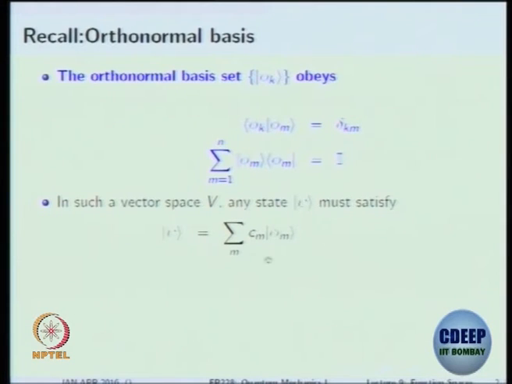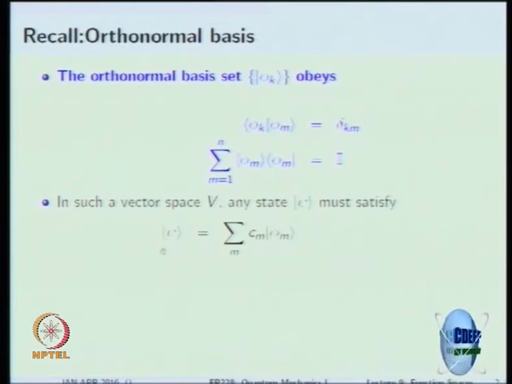In general it could be complex if the vector space is a complex vector space, and Cm is the coefficient, and you can determine what Cm is by taking inner product on both sides and applying this orthogonality condition, right.